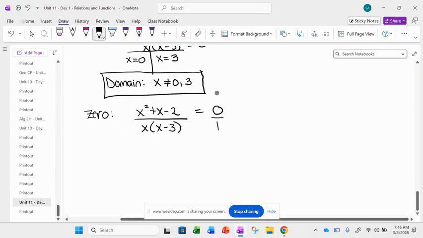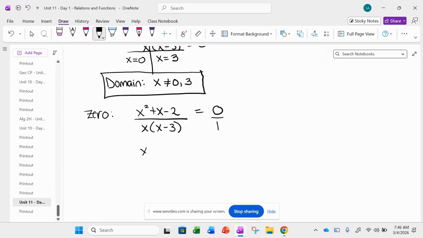Well, to solve for x, won't I cross multiply here? And what's 0 times anything? 0. So now we're going to have x squared plus x minus 2 equals 0. Can I try to factor this? Yeah, and we can factor it. It's going to be x plus 2 and x minus 1 equals 0. So we're going to get x equals negative 2, x equals 1.